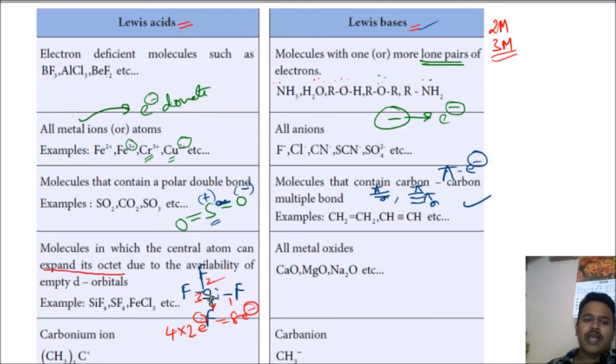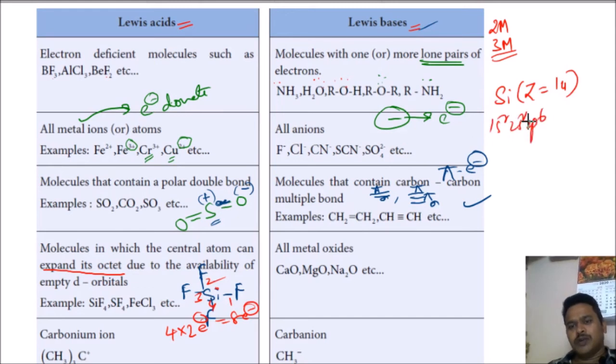Above the octet rule they can also go, because silicon, the atomic number is 14. Silicon is 1s2, 2s2, 2p6, 3s2, 3p2. Here the third shell already exists, that means 3s and 3p, with 2 electrons in p.